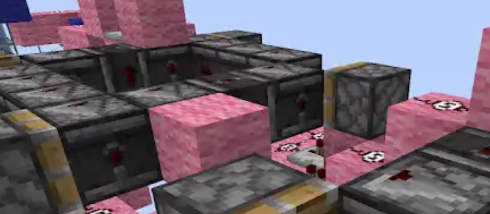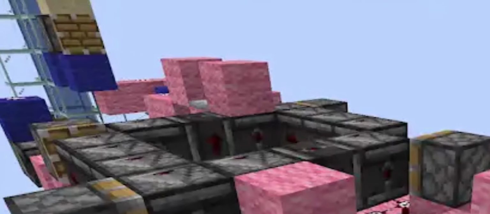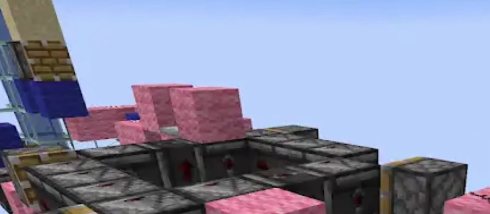Okay, upwards facing observer triggers, then that is a redstone dust, but I see no block next to it, so it must just continue.